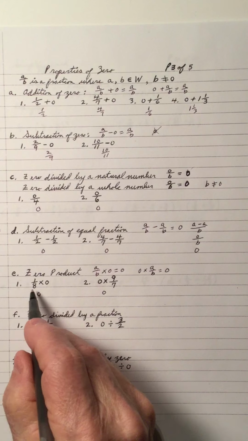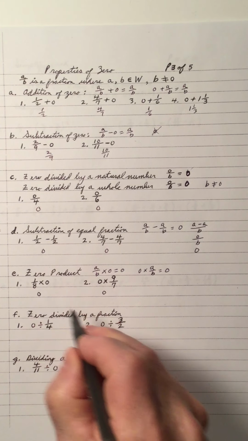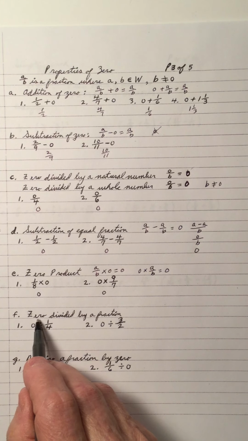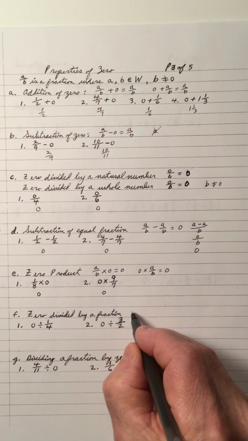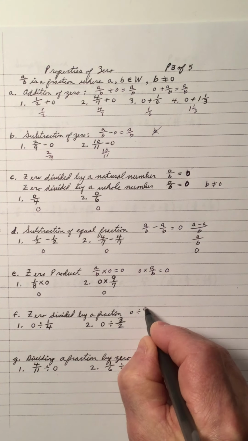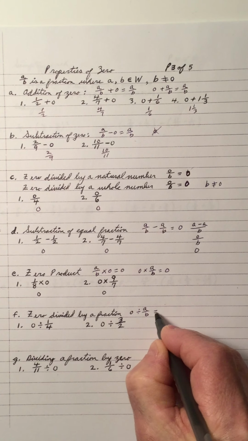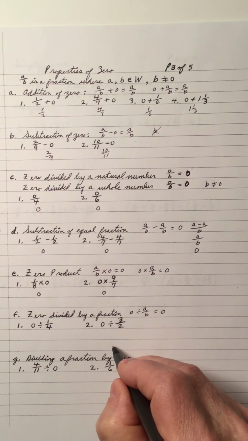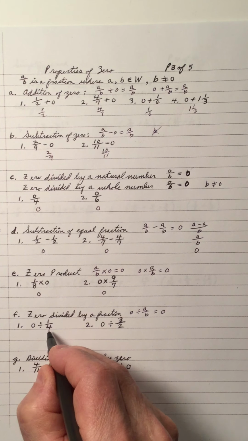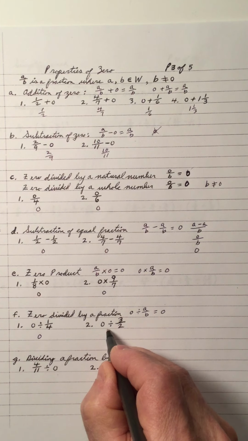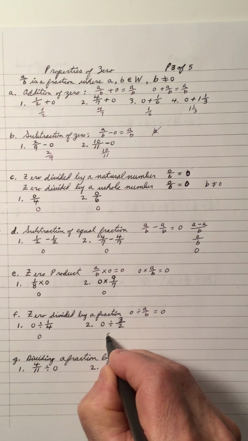So any number multiplied by 0 will give you a 0. 0 divided by a fraction. So if you take 0 and divide it by a over b, you will get 0. 0 divided by 1/4 is 0. 0 divided by 3 over 2 is 0.